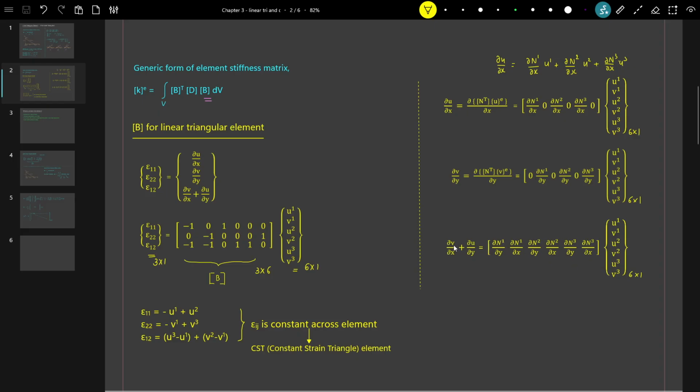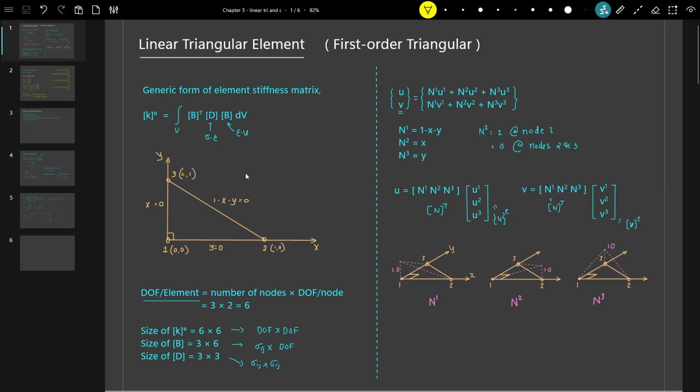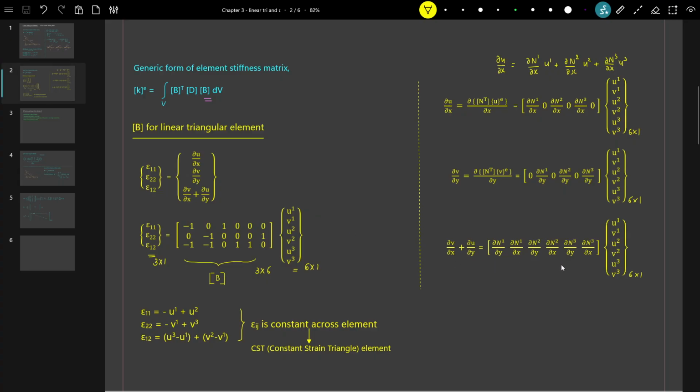We can just substitute v and u from the previous slides, and we get this form for epsilon 1 2. Once we substitute all these terms here, this is our displacement vector, and this is the first row of this one. Then this one is the second row, and this is the third row.